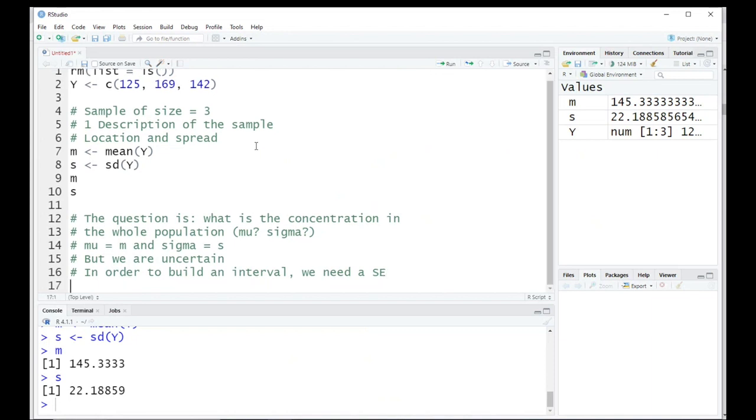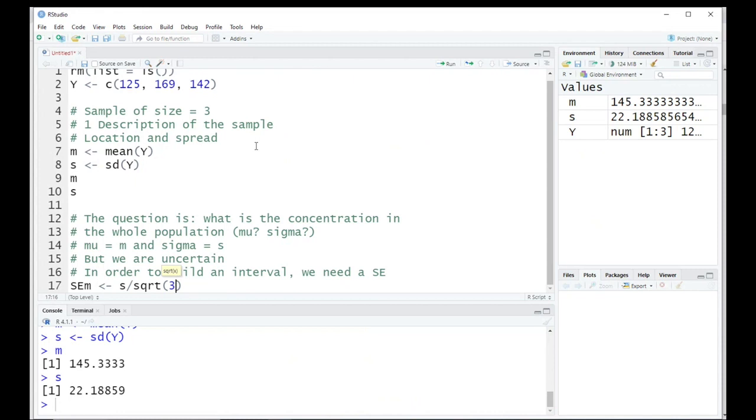And the standard error for the mean is equal to S, the estimate for the population, divided by the square root of the number of values, that is 3. So you see it's smaller than the original standard deviation.